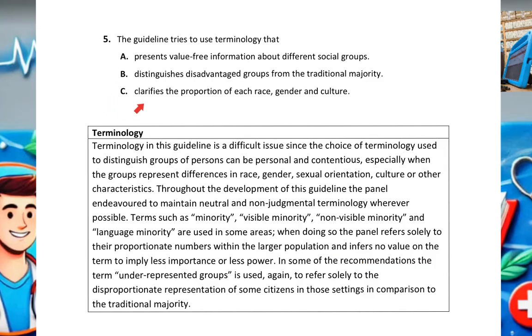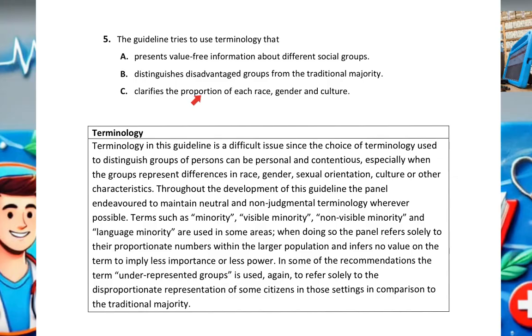Then C, clarifies the proportion of each race, gender, and culture. If we look at it carefully, they said it refers solely to their proportionate numbers, okay? And that means they don't clarify. They just want to state their percentage, or what they call the part of the group.